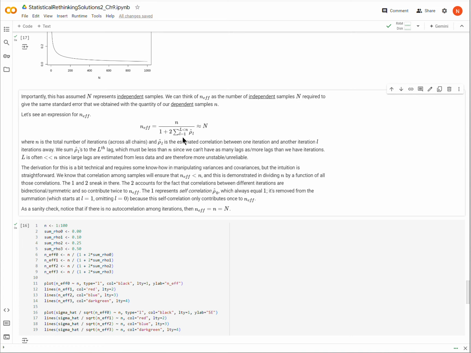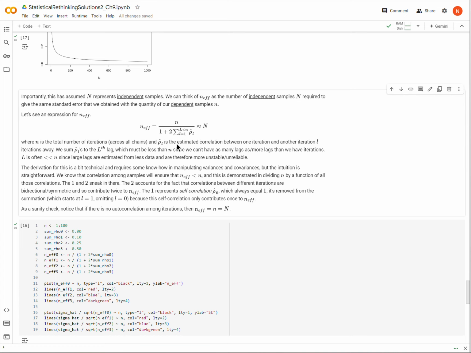Now, if L equals 2, then you would be estimating that particular correlation with iteration 1, iteration 3, iteration 2, iteration 4, and so on. All of the correlation among samples can be captured by summing over all of these different correlations, from 1 to capital L, where capital L has to be less than the number of samples in your MC run, because you can't have more lags than you have samples.